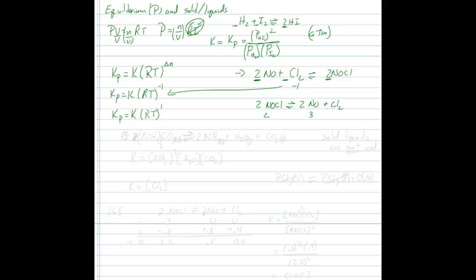Now, if you have a solid, say you have ammonium carbonate, which is a solid, will make ammonia gas and water and carbon dioxide.